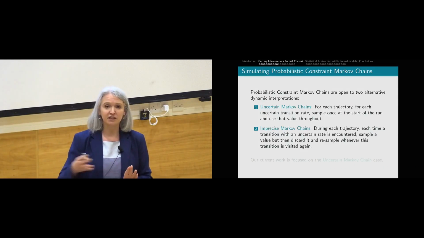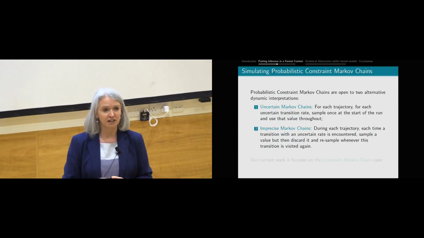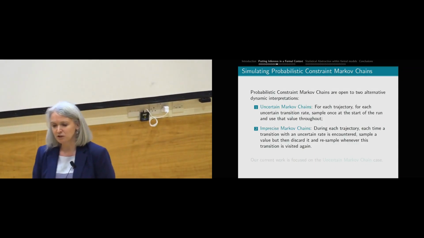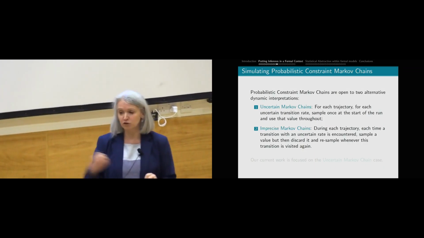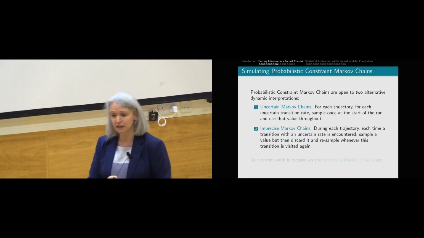And then when you want to have another trajectory, you do another sampling and you get another trajectory. And this represents the case where we don't really know what the values are, and we can, with drawing samples of the possible Markov chains, and we can use the inference to try and decide which is the most likely.